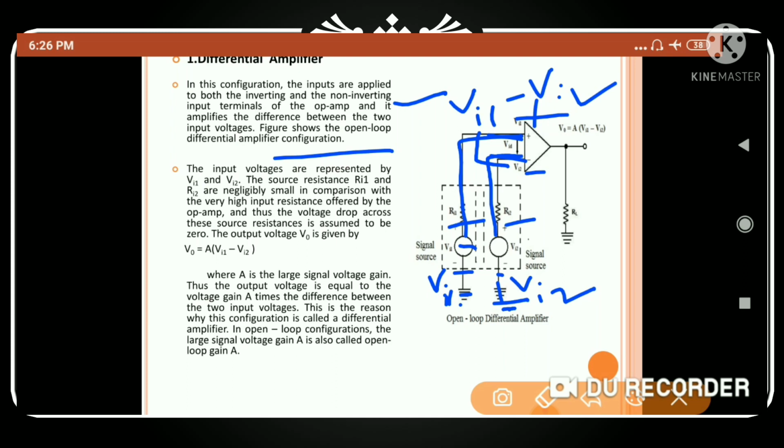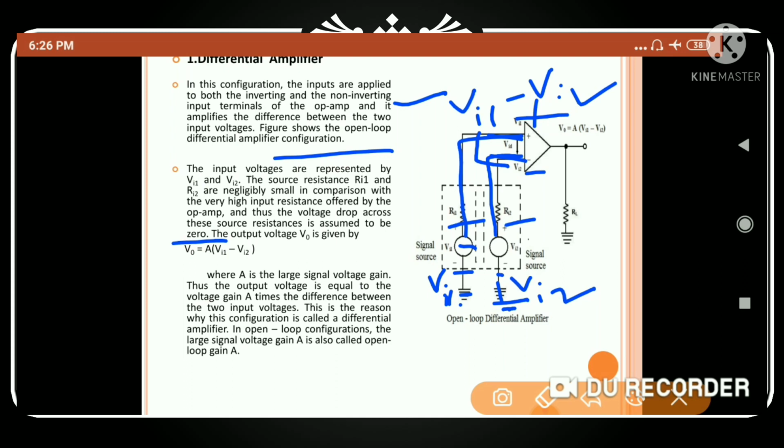The input voltages are represented by VI1 and VI2. The source resistances RI1 and RI2 are negligibly small in comparison with the very high input resistance offered by the op-amp, and thus the voltage drop across these source resistances is assumed to be 0.